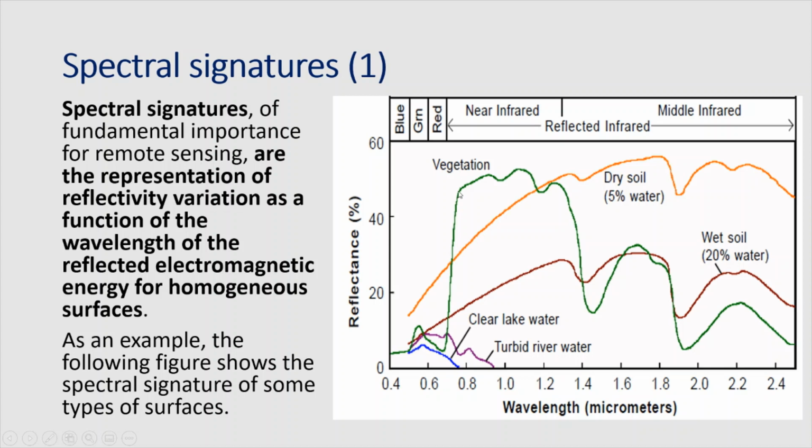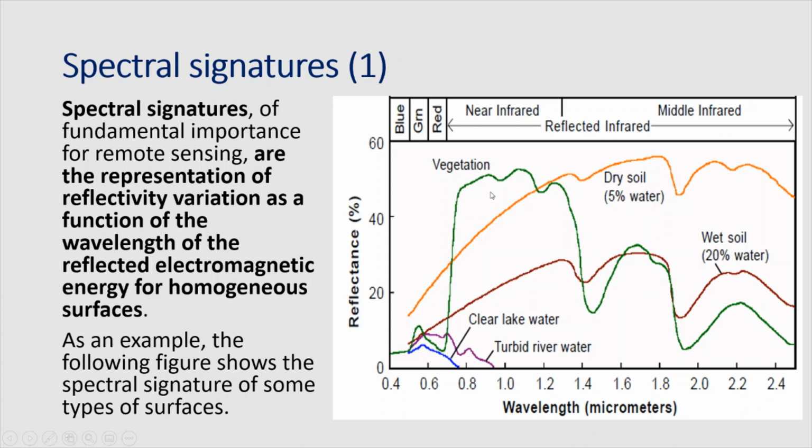And then the vegetation is a very, very good reflector of energy in the near infrared. You see, in the near infrared it is reflecting much more energy than in the visible, and then in the mid infrared it is absorbing energy. Again, it is reflecting less than in the near infrared.